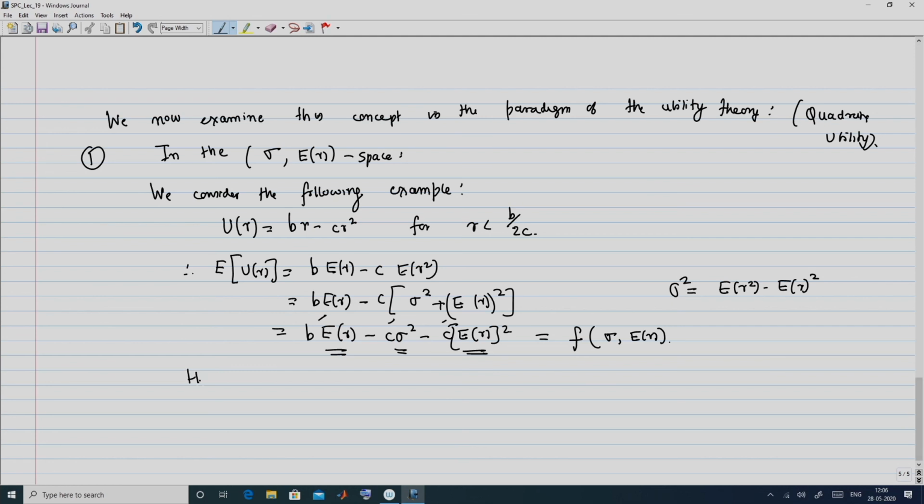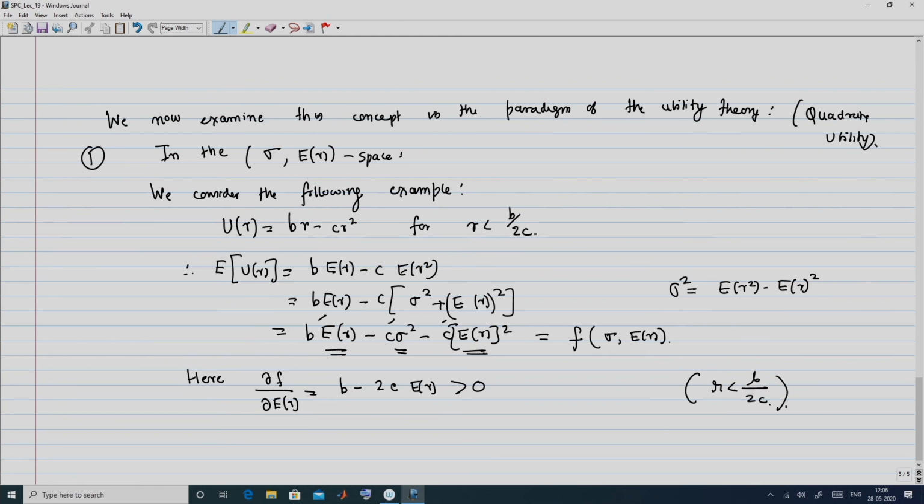So, here, del f, the sensitivity of the expected utility towards the expected return, is going to be B minus twice C E(R), and this is going to be greater than 0. Why? Because I have chosen R to be less than B over 2C.